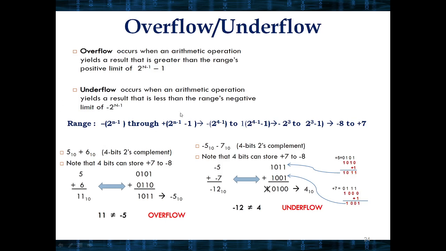So this is the representable range, minus 2 to the power n minus 1 through 2 to the power n minus 1 minus 1. For example, if we take a 5-bit number, then we can represent it as minus 2 to the power 5 minus 1 through 2 to the power 5 minus 1 minus 1.